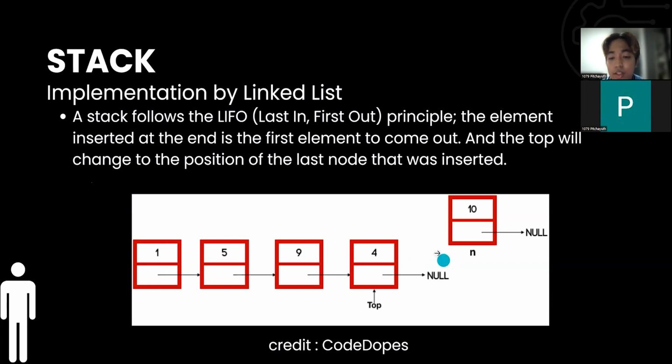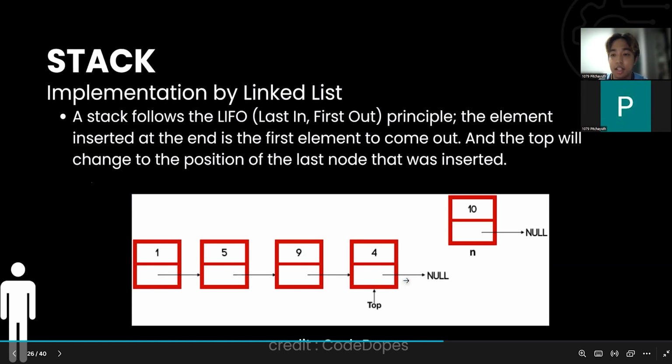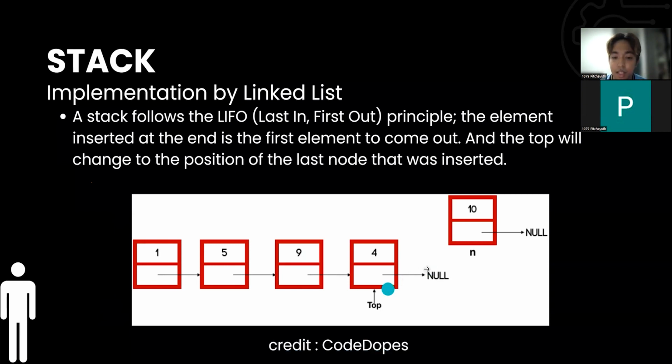And if we remove the element, the top will change to the position of the last node that is still in the train like this. Before we delete, the top will be here, and if we delete, the top will change to here.